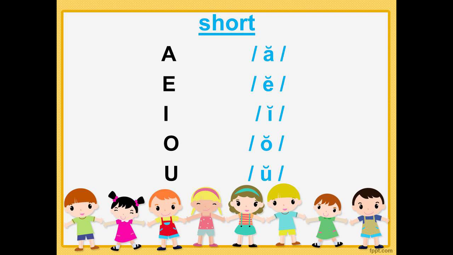The short vowel sound has different sound. For letter A, it's a. For letter E, it's eh.